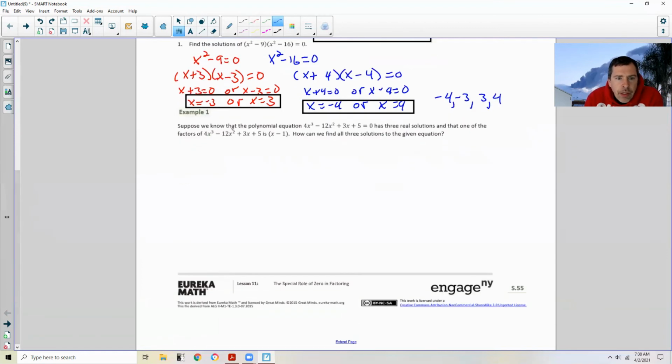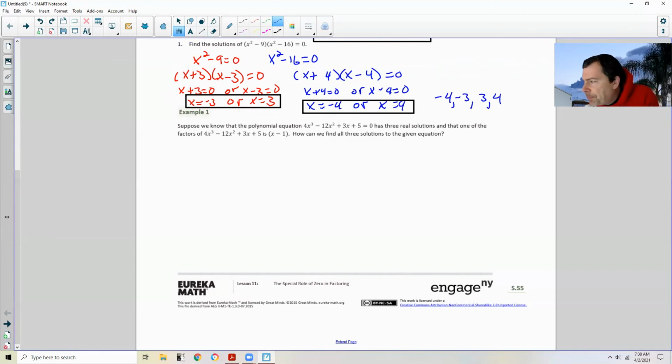Example 1. Suppose we know that the polynomial equation 4x cubed minus 12x squared plus 3x plus 5 equals 0 has 3 real solutions, and that one of the factors of that is x minus 1. How can we find all 3 solutions to the given equation?